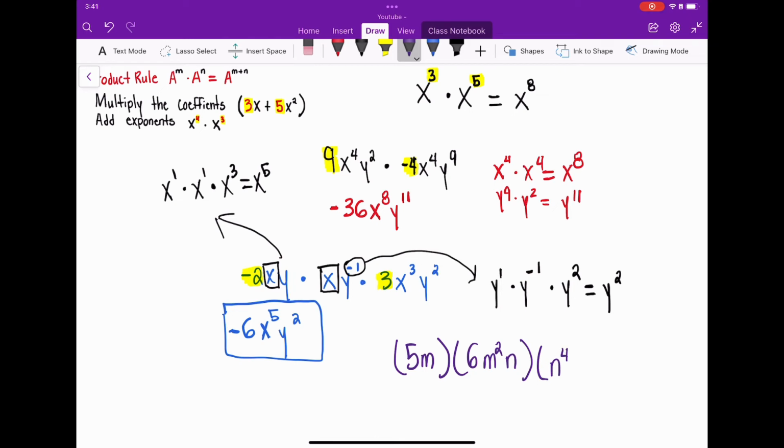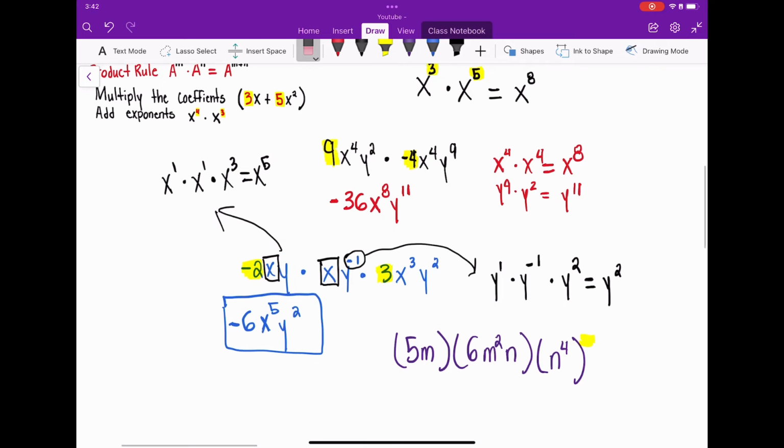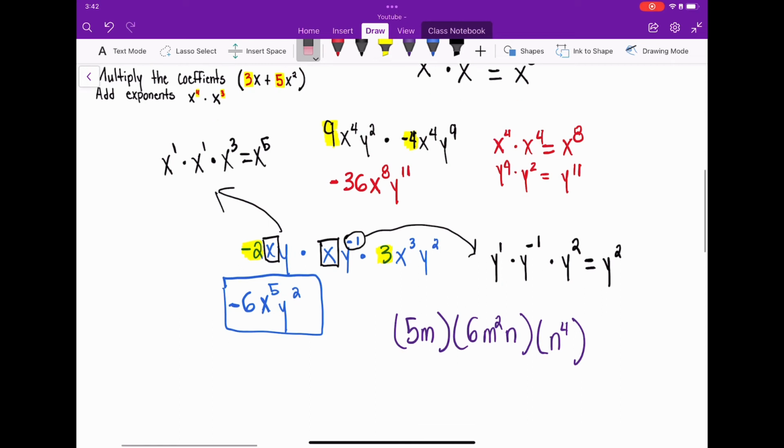So what we have to understand with this problem is if there isn't an exponent outside of the parentheses, that means that we're going to still add our exponents. So when we look at a problem like this, nothing has changed. We're still going to follow the same product rule. The parentheses don't change anything at all.